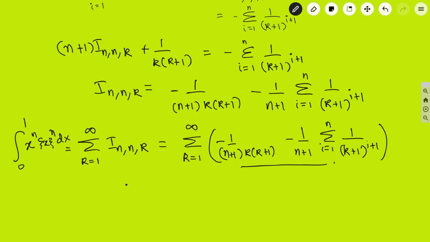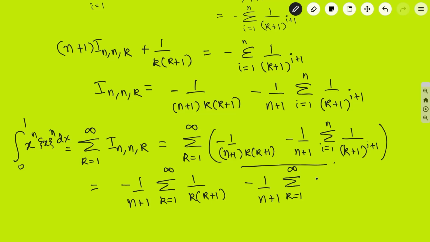Actually, this is solvable because it's a series, which can be handled very easily, because what you're left with is minus 1 by (n+1), summation k from 1 till infinity, 1 by k(k+1), and then you have minus 1 by (n+1), summation k from 1 till infinity, summation i from 1 to n, 1 by (k+1) to the power i plus 1.